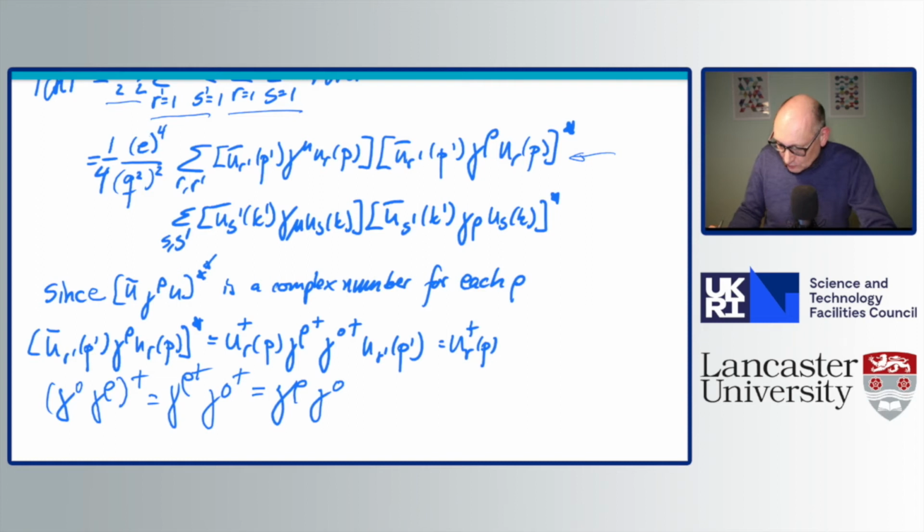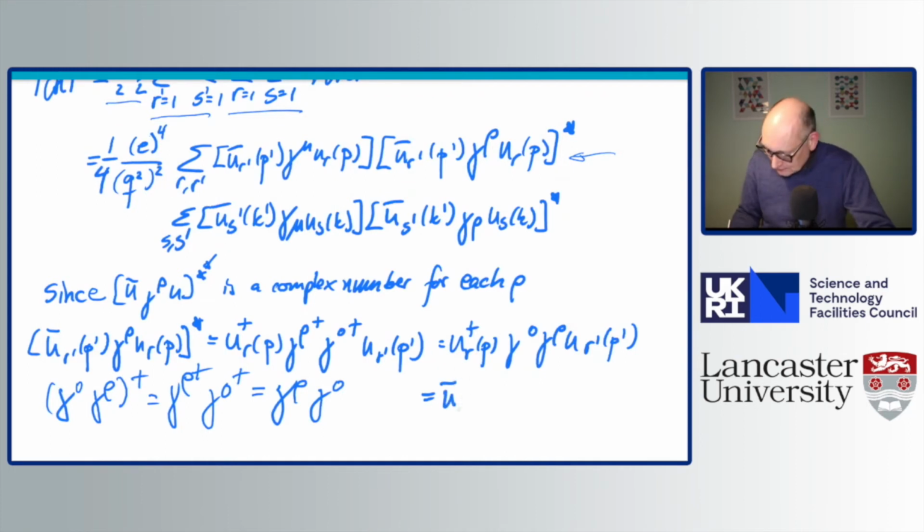Good. So what we have here is ū and then γ⁰, γ^ρ, u_R′(p′), which is equal to γ Hermitian conjugated, γ⁰, what we usually call just the notation γ bar.